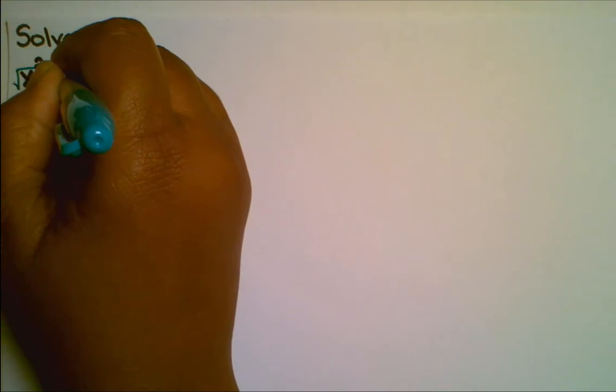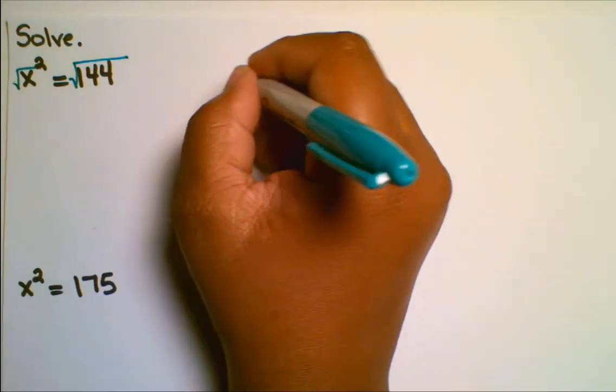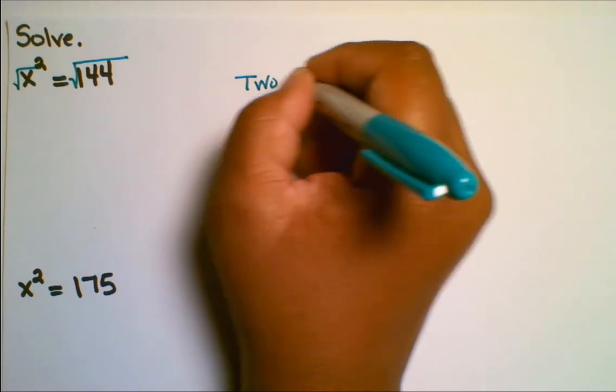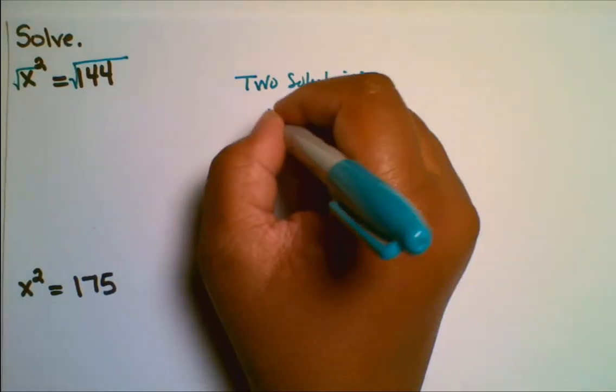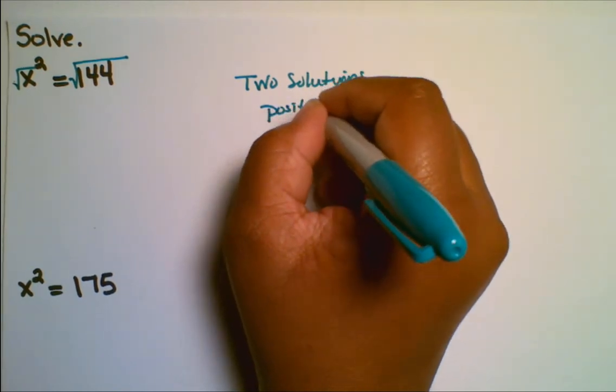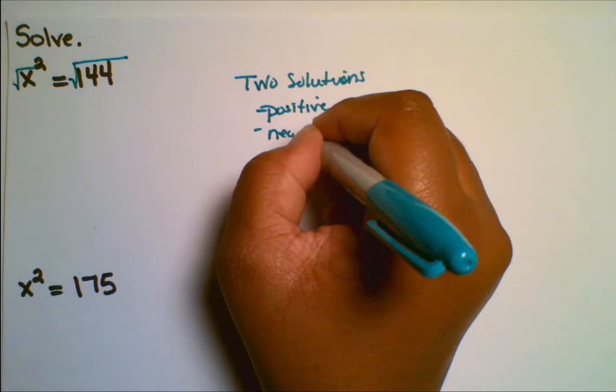But as we take the square root of both sides, you're going to have 2 solutions. You're going to have a positive solution and you're going to have a negative solution.